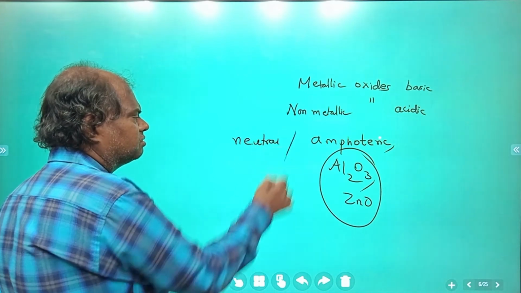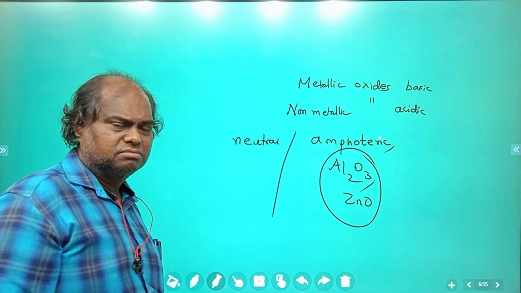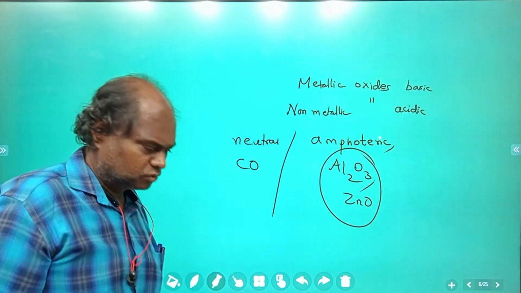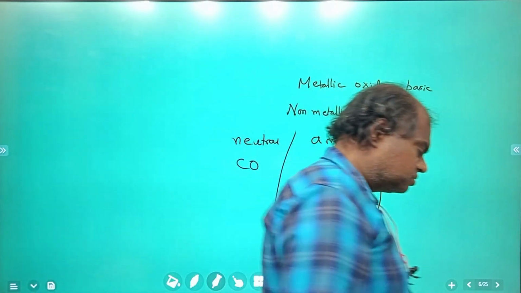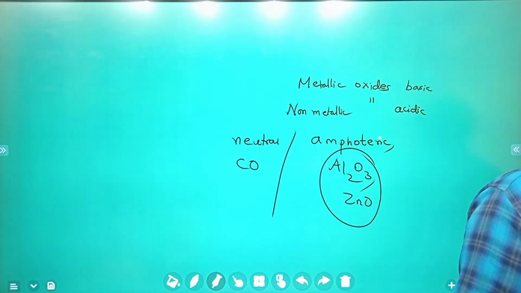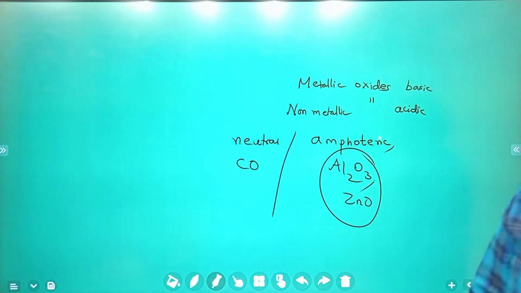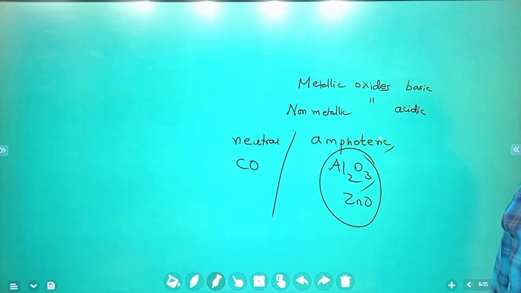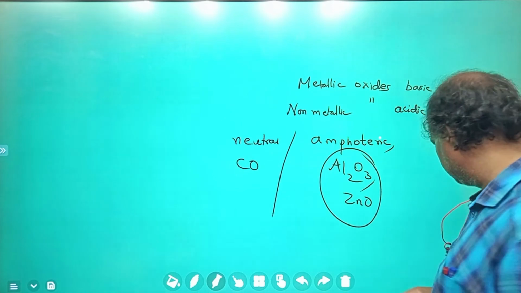Neutral means they will be neither acidic nor basic. The best example is carbon monoxide. So please remember this also: metallic, basic; non-metallic, acidic; some amphoteric; and some neutral oxides also.